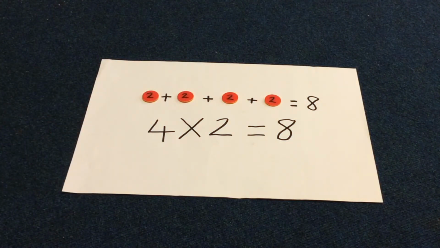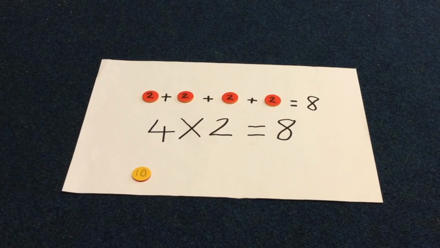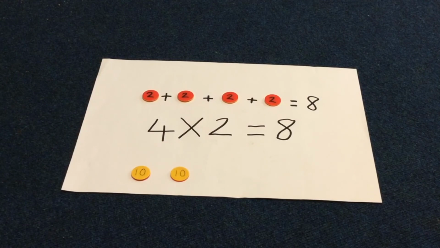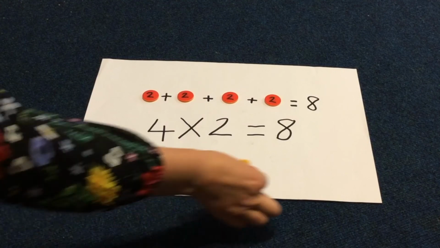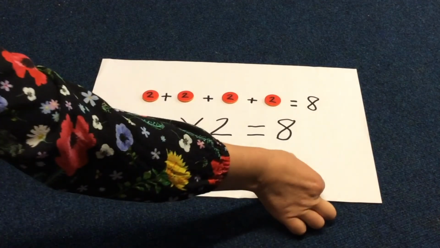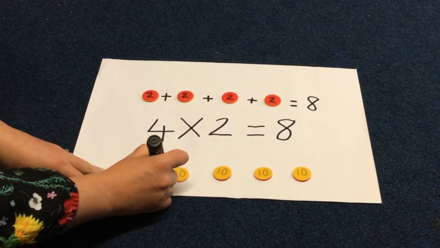Finally, I'd like you to have a go at home at writing a multiplication question for this repeated addition. I am showing you 10 plus 10 plus 10 plus 10 plus another 10. I'll put my addition sign on for you.